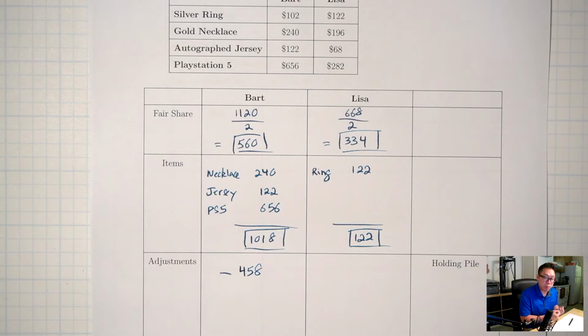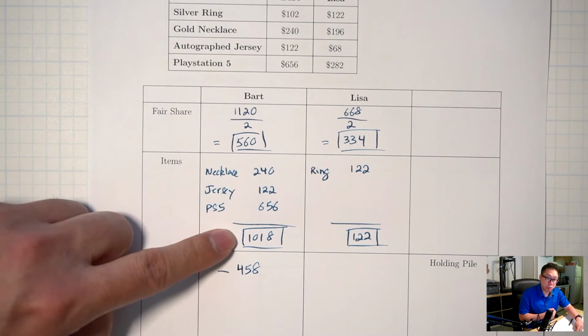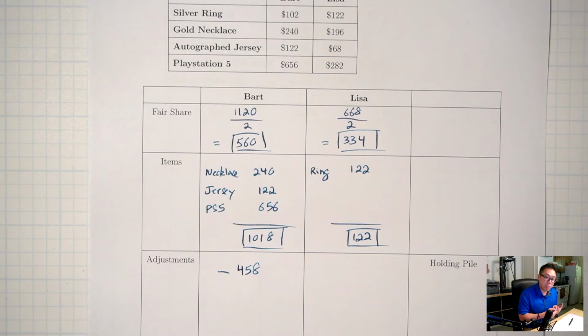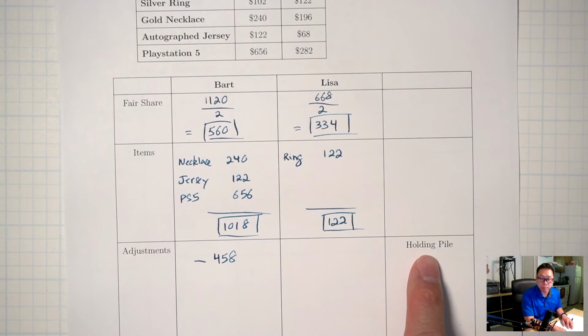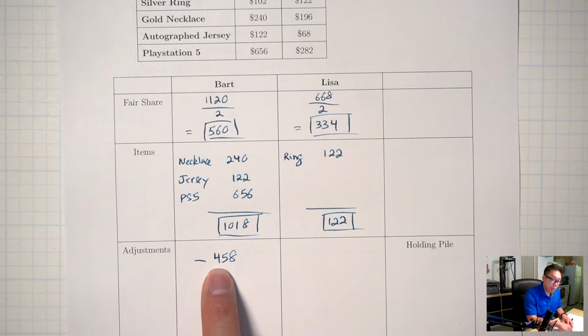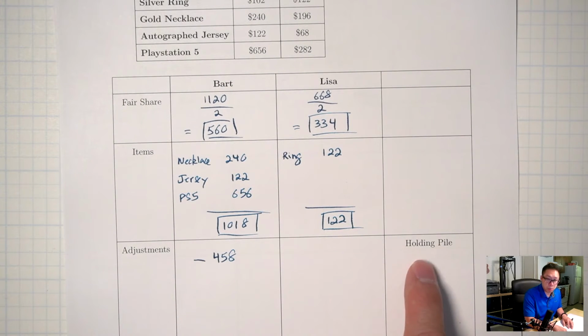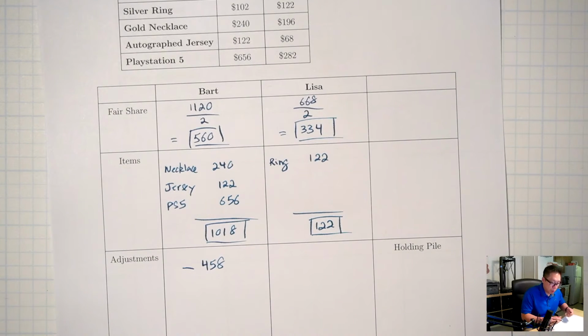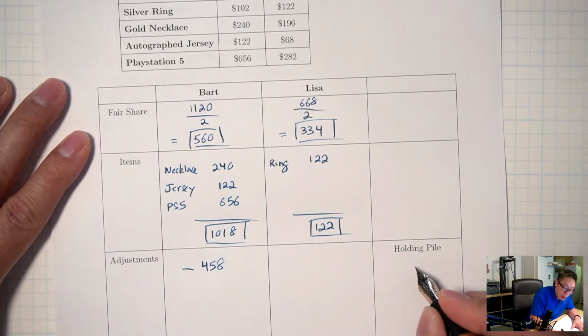So that means we're going to take $458 from Bart. He's going to give us $458 because he got too many items, and we're going to take that and put it into what is called a holding pile, right? So in the holding pile, it's going to appear as a positive 458.